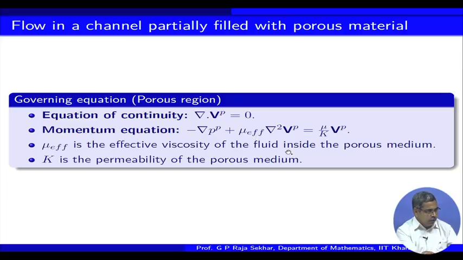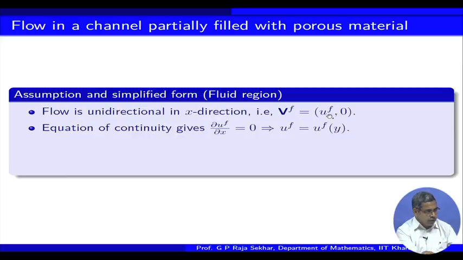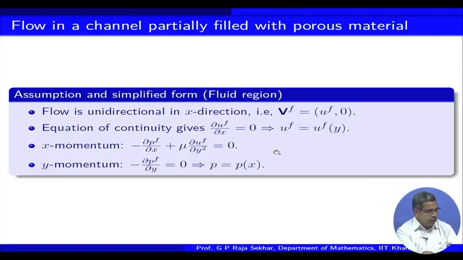Now we go for the unidirectional assumption, that is, flow is along the x direction. So, the corresponding y component is 0. Then the equation of continuity enforces that u is only a function of y, and you have the x momentum, and the y momentum indicates that pressure is a function of x alone.